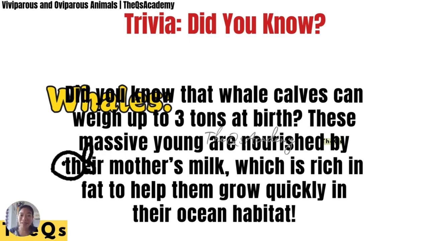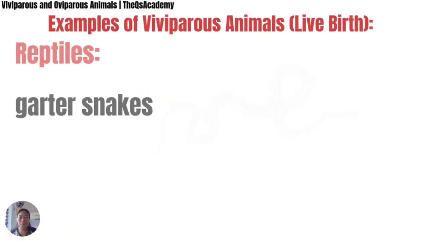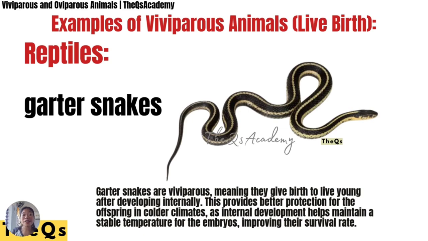So whales weigh up to 3 tons at birth. Wow! 3 tons, that is 3,000 kilograms.